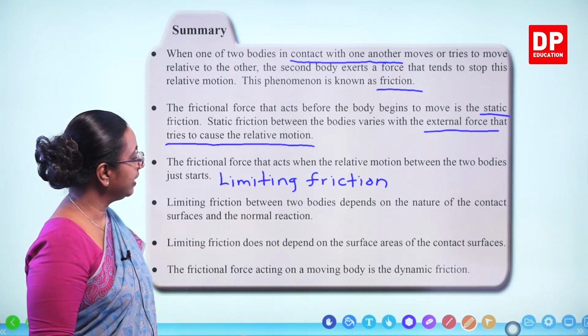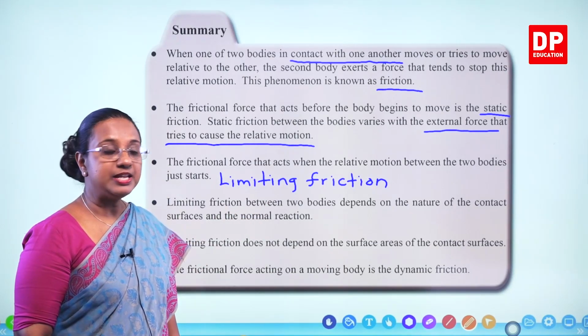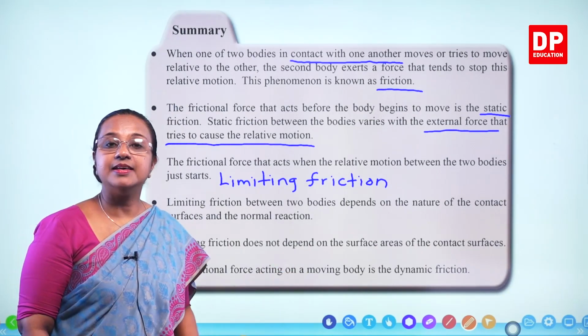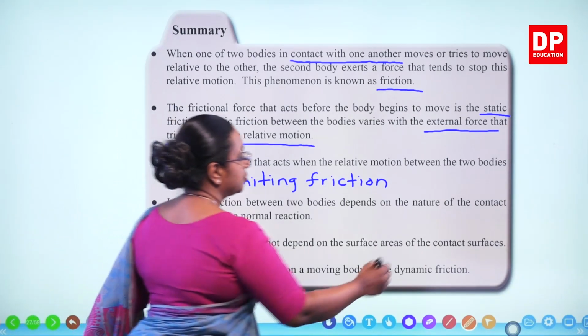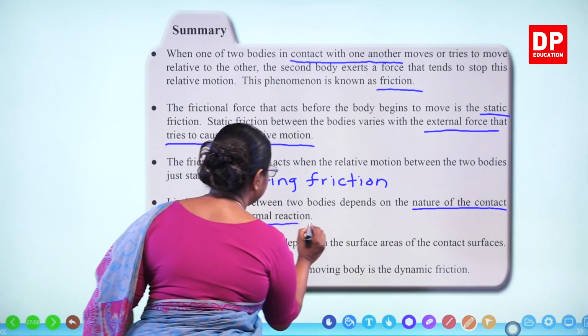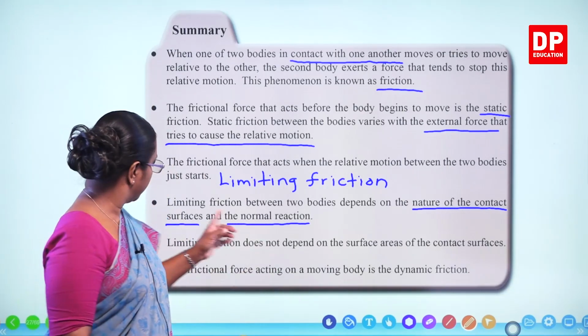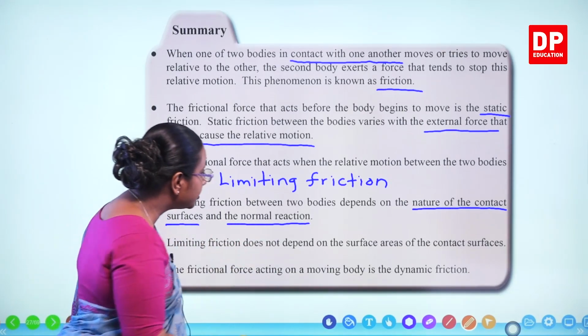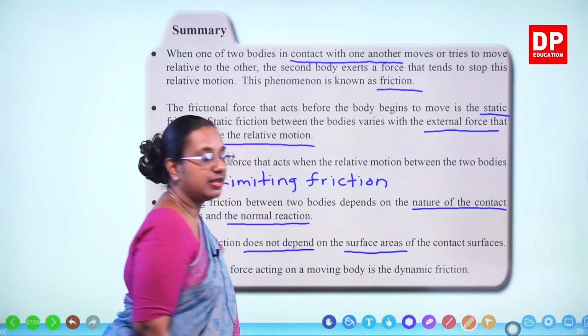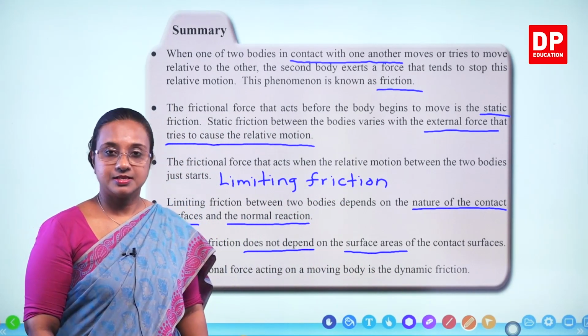Limiting friction between two bodies depends on the nature of the contact surfaces and the normal reaction. So, the two factors that affect the limiting frictional force. Limiting friction does not depend on the surface area of the contact surface.